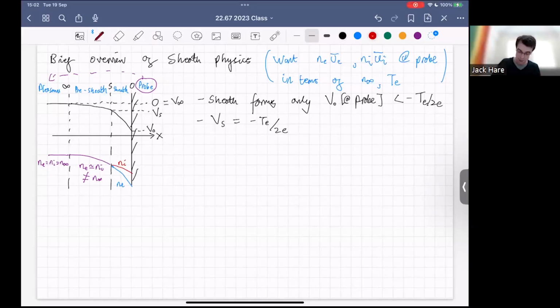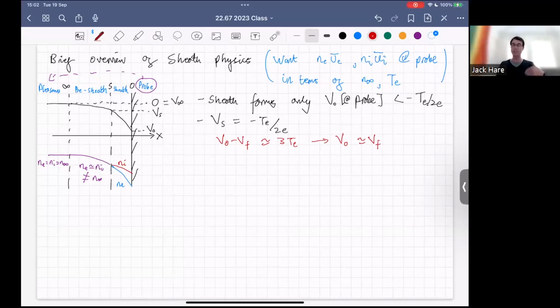And later on, we're going to show that V0 minus VF is about 3 T_e or so. So this means that our probe has to be biased somewhere around VF, or at least significantly lower than the plasma potential here.